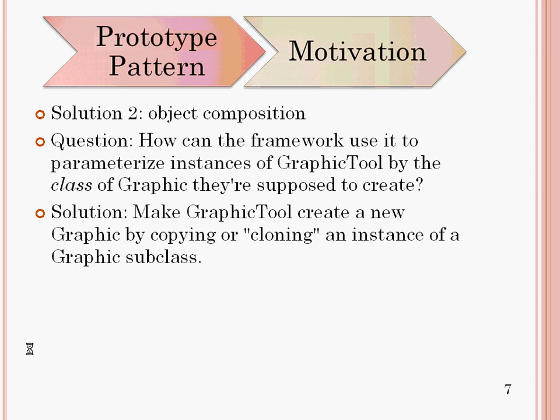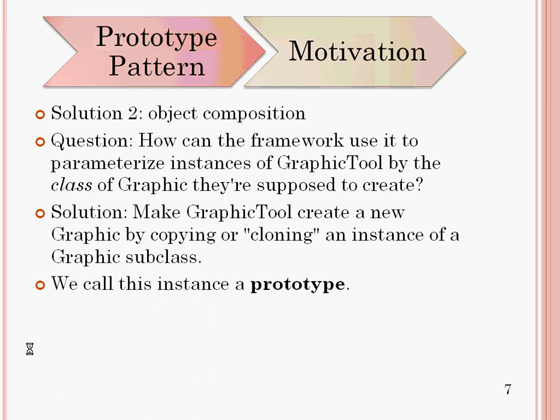So the solution is, you have certain prototypes of each of these music notes, and the creator class is just initialized to the appropriate prototype and it clones the corresponding objects. That's the concept. Make graphic tool create a new graphic by copying or cloning an instance of a graphic subclass.